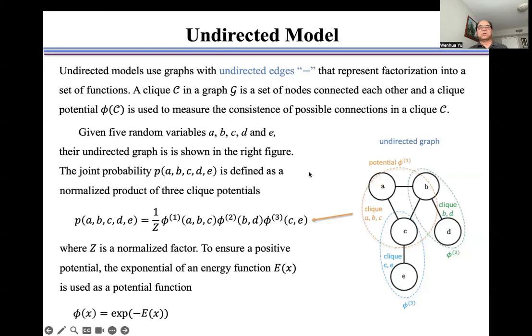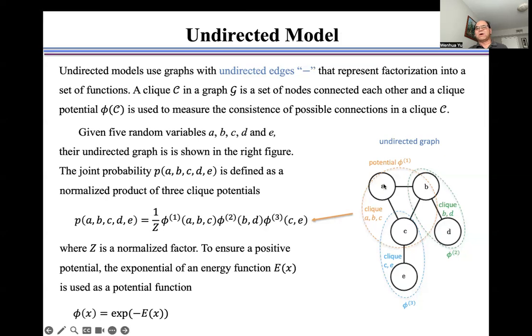Undirected models use graphs with undirected edges that represent factorizations into a set of functions. A clique C in a graph G is a set of nodes connected to each other.